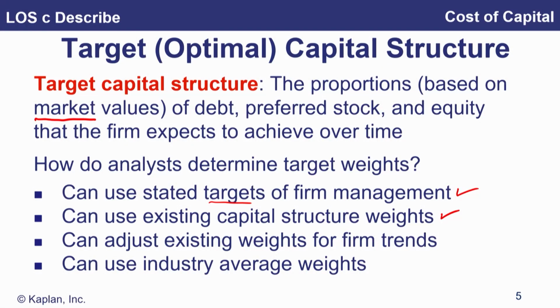Maybe we want to put our debt proportion up a little bit to account for that trend. And in other cases, you might want to use the industry average weights and figure, well, over time, they'll probably move around closely to these industry average weights. So those three ways that you might approach the problem of what weights should I use.